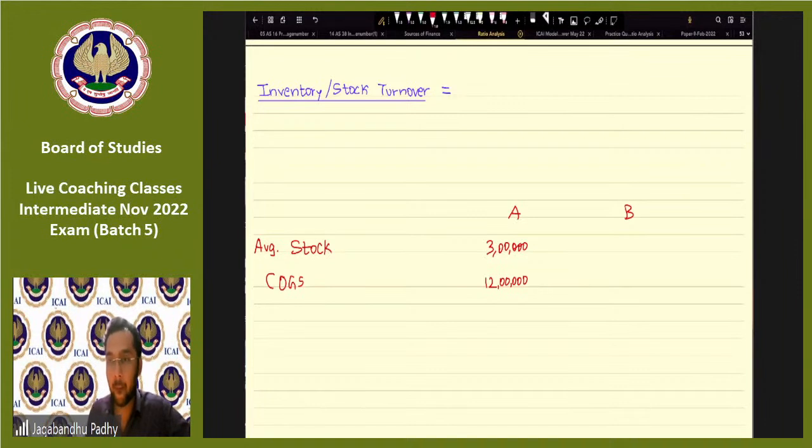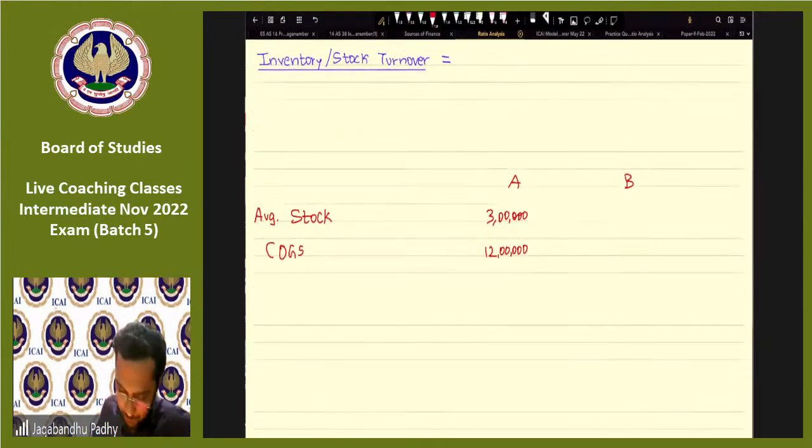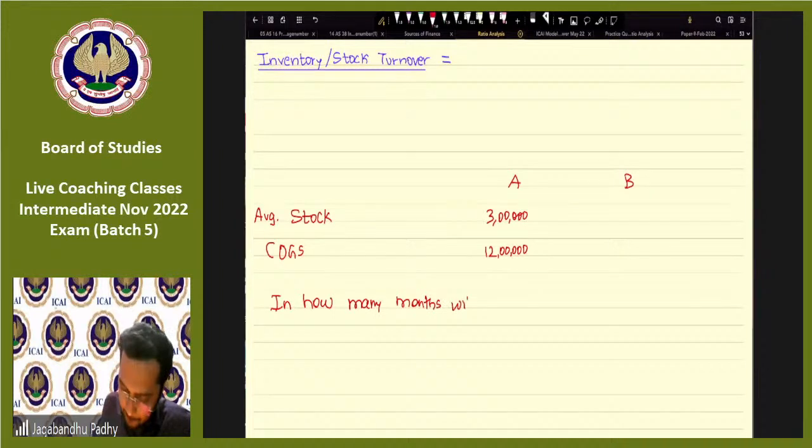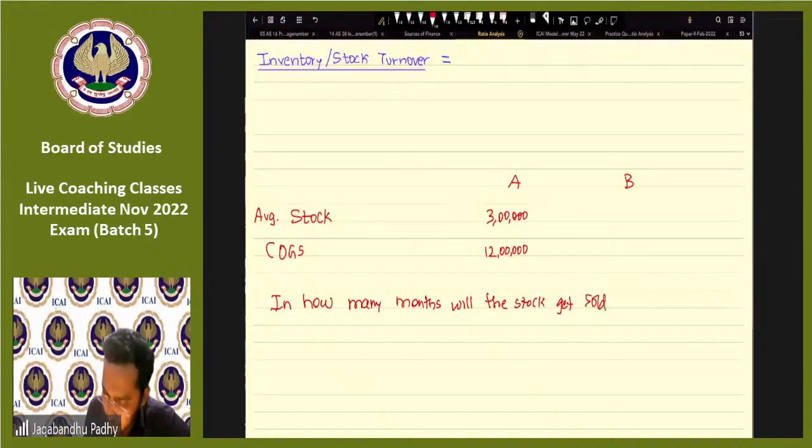Now, if I ask you in how many months will the stock get sold fully, or you can say in how many months will the stock be finished?